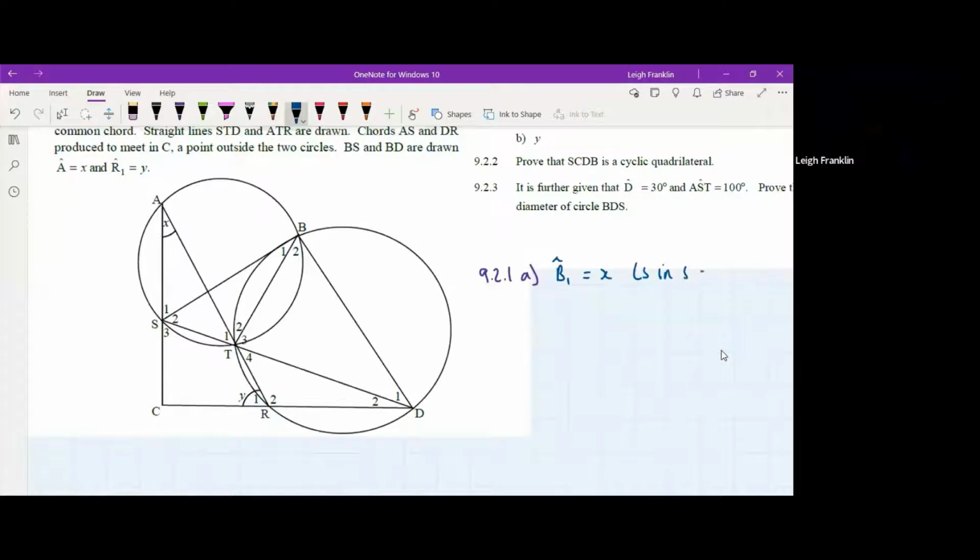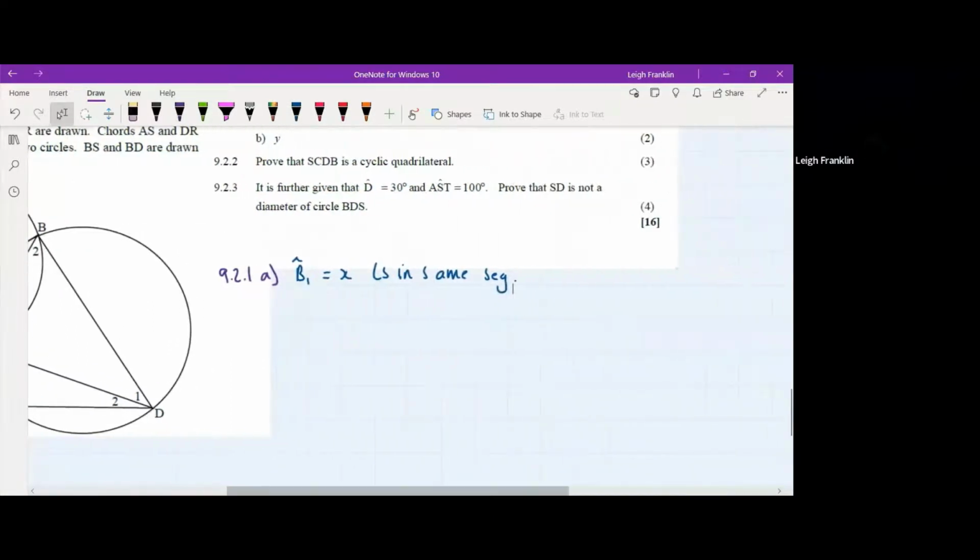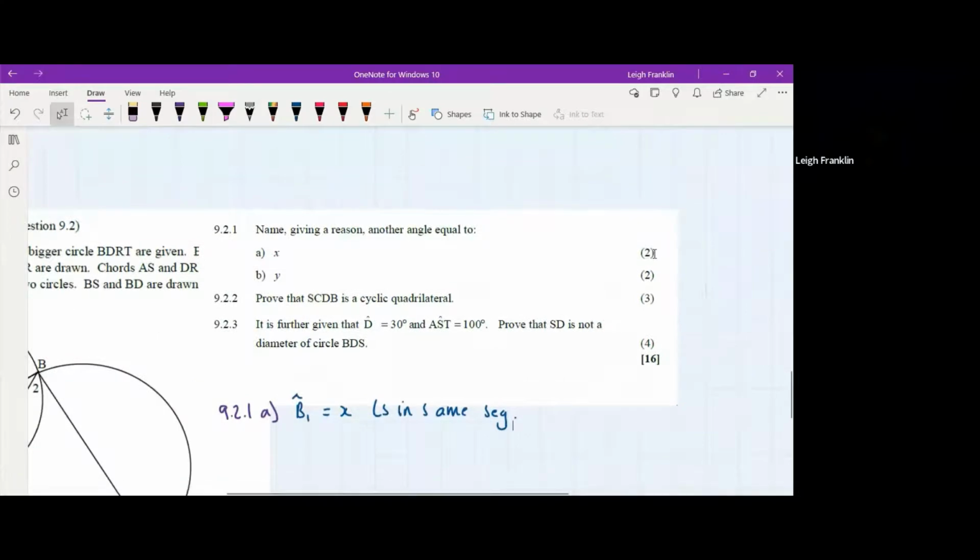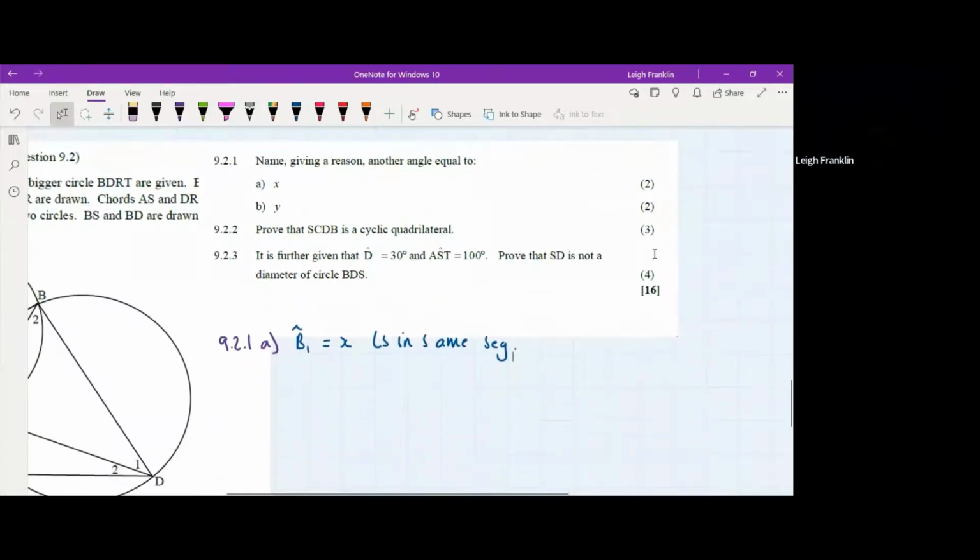Beautiful. Nice, good, lovely, Matrix. And now let's just see what that was out of. Okay, because this is a proper exam question, it's out of 2. So if it's out of 2, Matrix, it means that there is a mark for the statement or for identifying the angle, and then there's a mark for the reason.